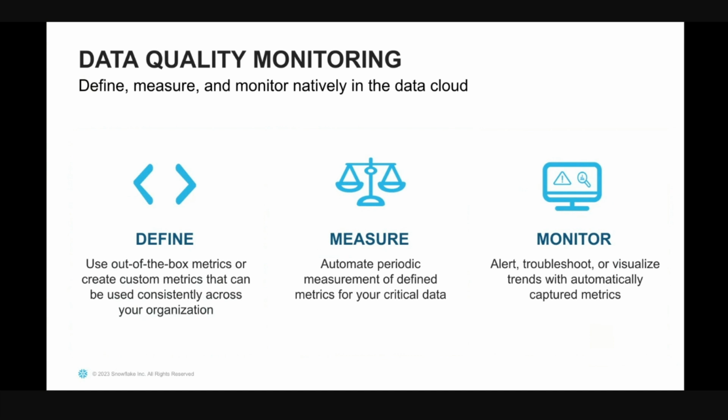But if you have business rules, then you can create what we call custom metrics. And then you can configure some measurement. You can say, go and check my quality every 5 minutes, or if you get the data only once a day, maybe check the quality once a day. So it all depends on what your requirements are.